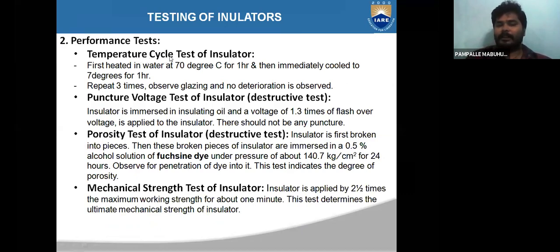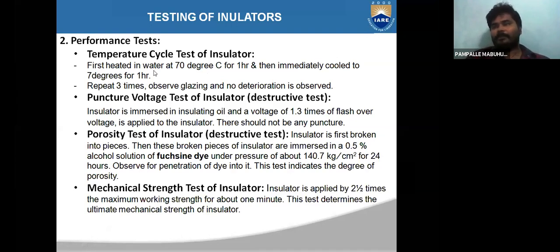Here the insulator will be tested such that first the insulator has to be heated in the water up to 70 degrees centigrade. Then immediately you have to cool the insulator to 7 degrees.